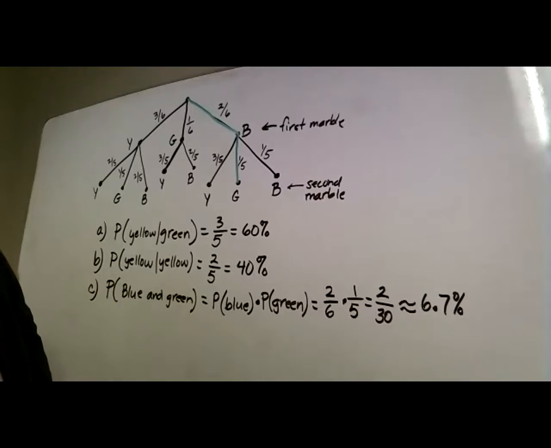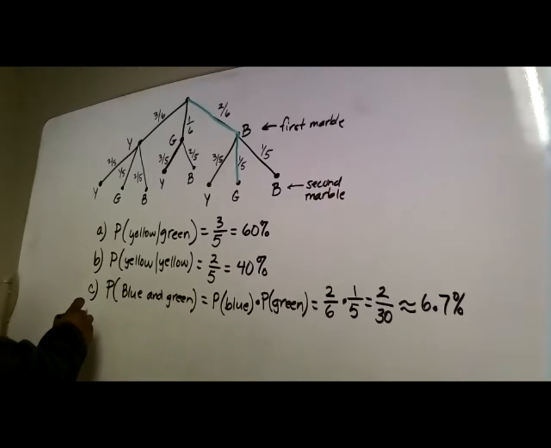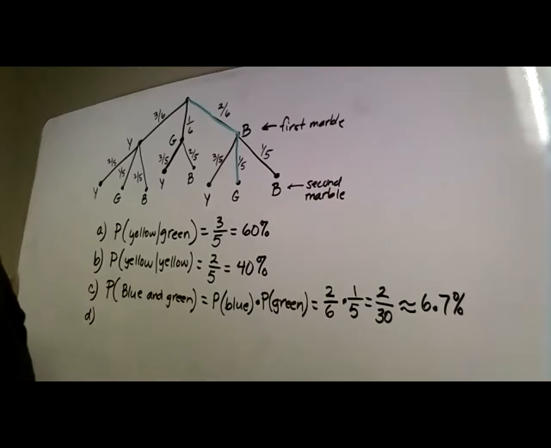Okay. Questions on part C? Okay, part D. It states we want to determine the probability that the first marble is yellow and the second marble is blue.